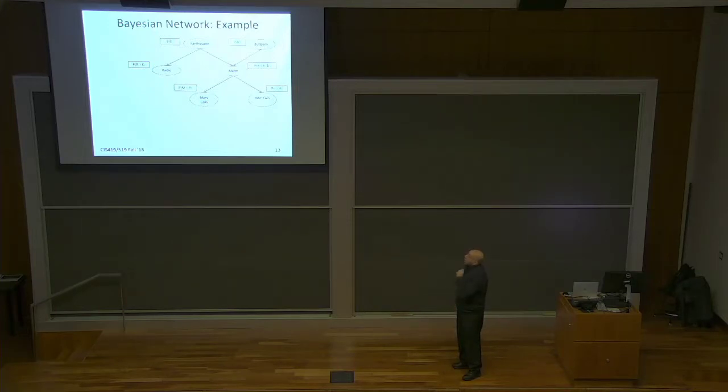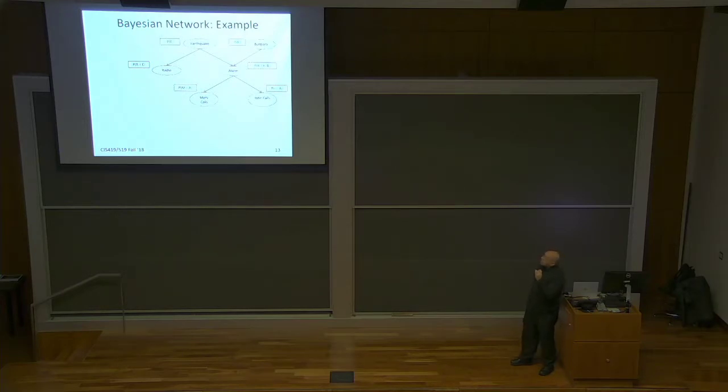How many numbers are in P of radio given earthquake? So radio can take two values, on or off. Earthquake can take two values, on or off. So there are really four numbers there, right? But they are not independent. Why?